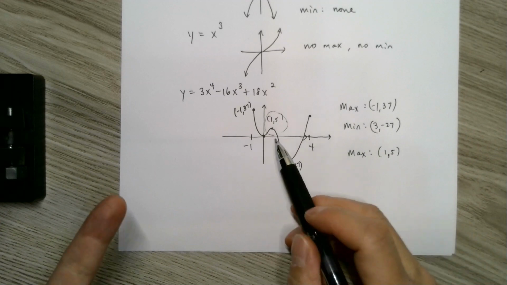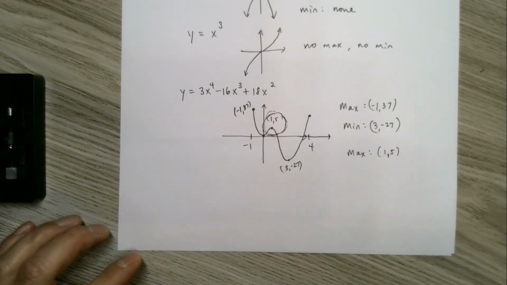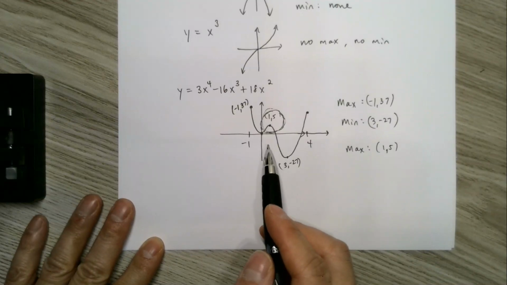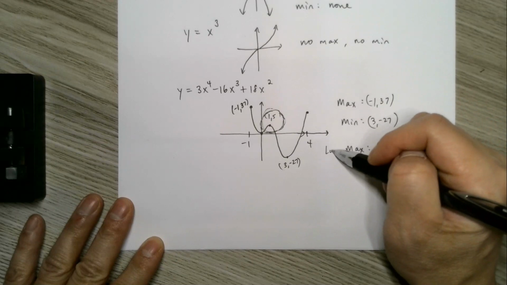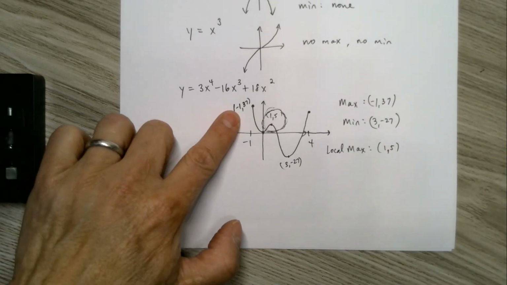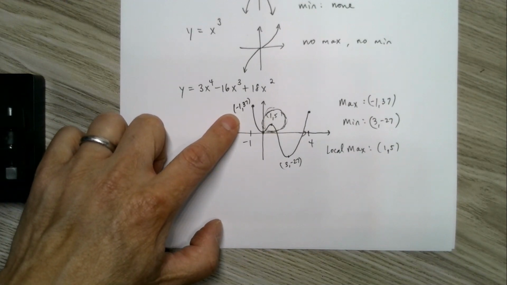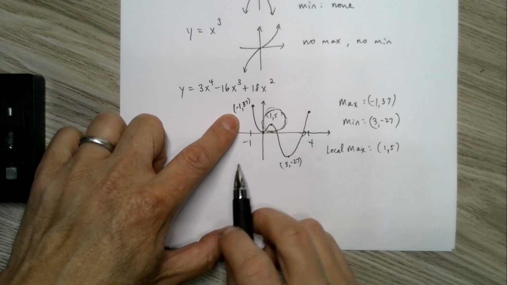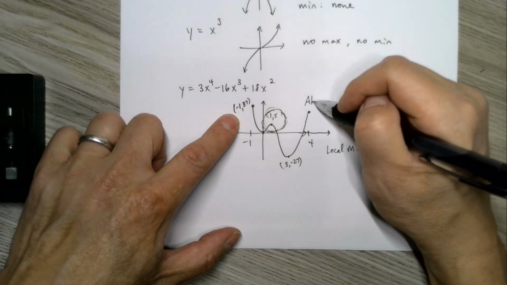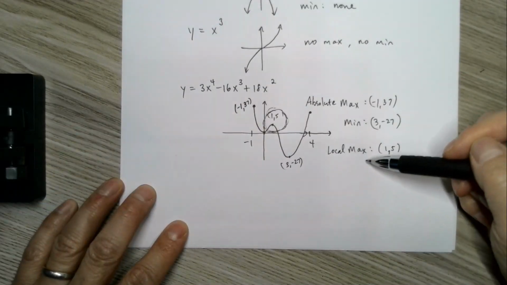Yes, it's not the highest point, but locally, in this neighborhood around this little hill, it is the max. So we can call it a local max. The (-1, 137), since it is the highest point in this interval of this function, is called the absolute max. So that's how we distinguish between the two.